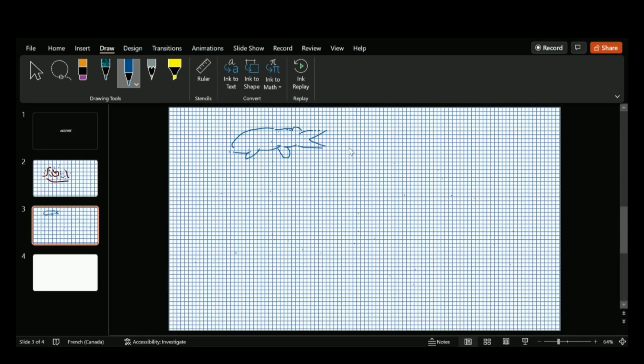Which one is he going to eat? You have a piranha, or you have a hippopotamus.